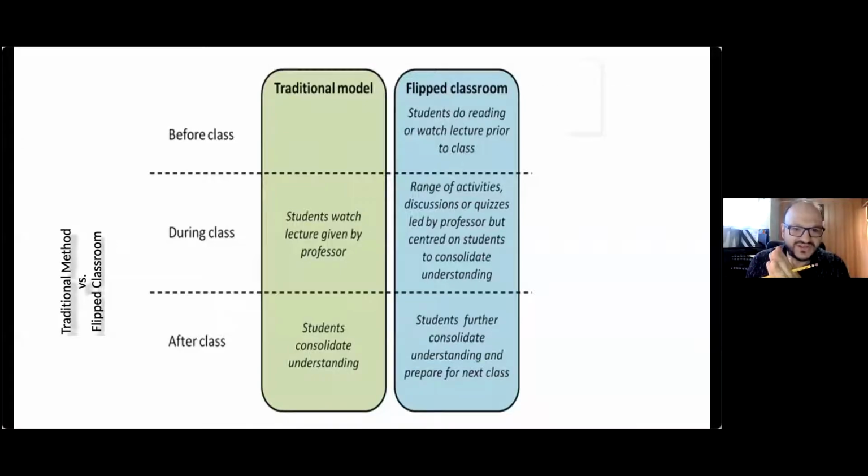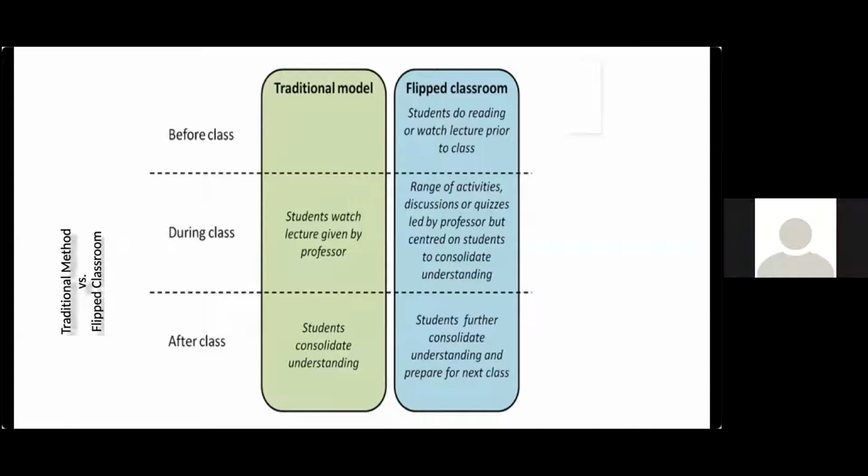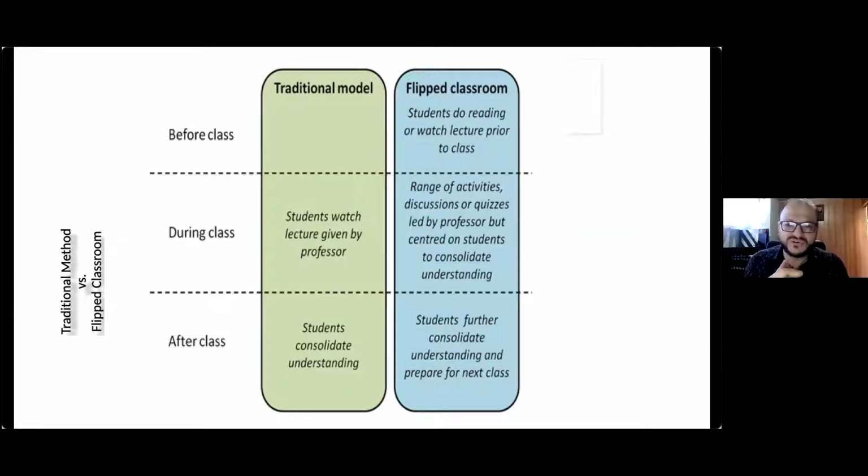Very traditional. But in the flipped classroom, we can arrange activities, discussions, quizzes. We can do many things, focusing on centered students to consolidate their understanding. So it is much better.